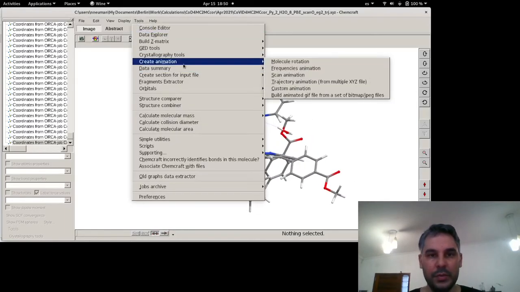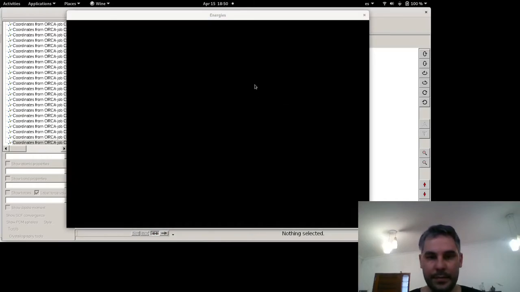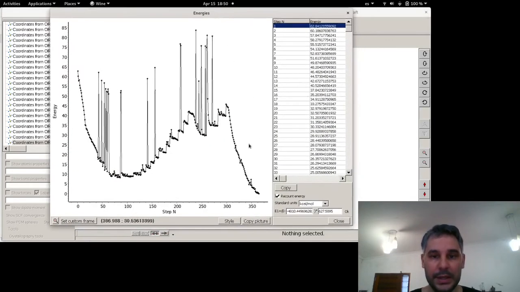If we go to data summary, we're going to see here that we have many more points. So we start at a certain geometry, the energy goes down because it relaxes, and relaxation implies in this case that the pyridine rebinds to the cobalt, so it was not far away enough to not have a tendency to go back.